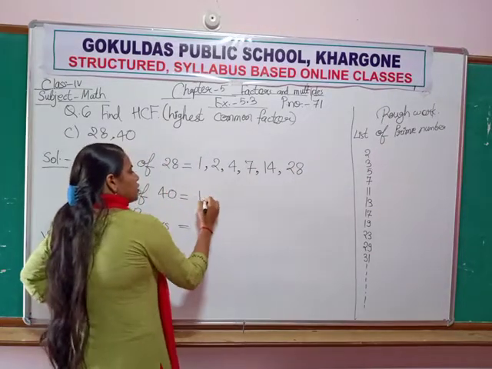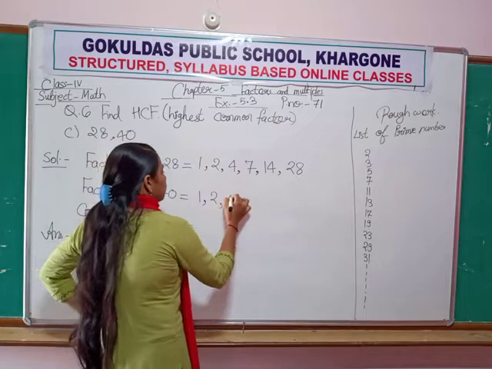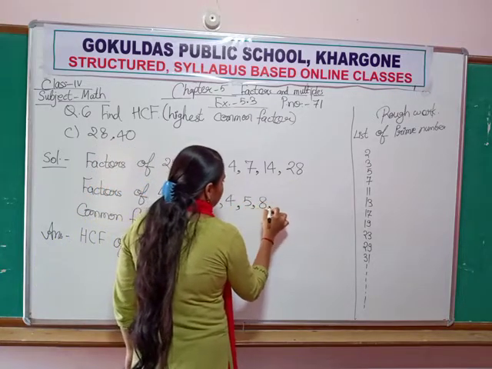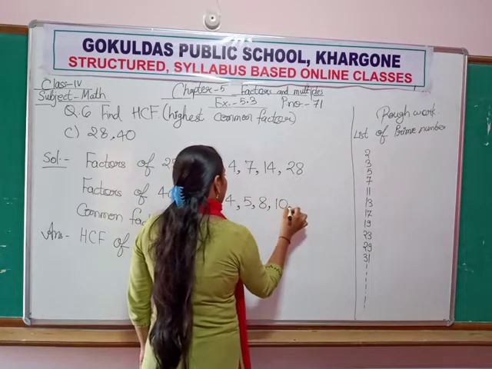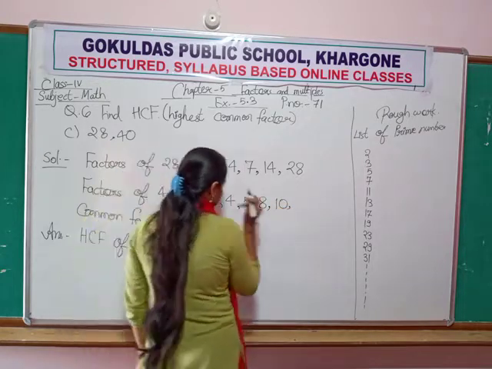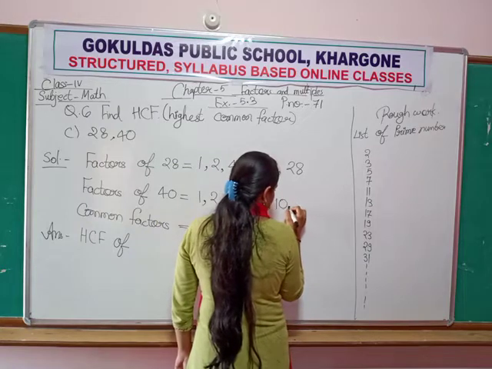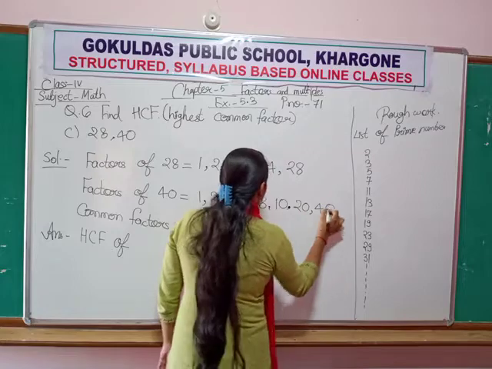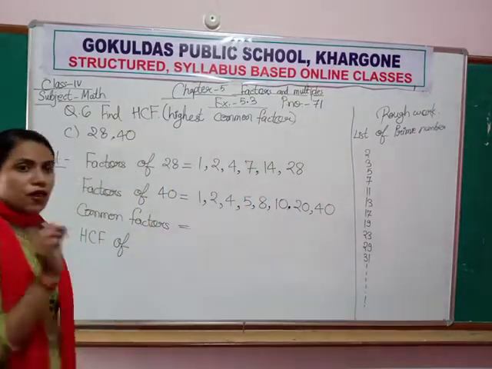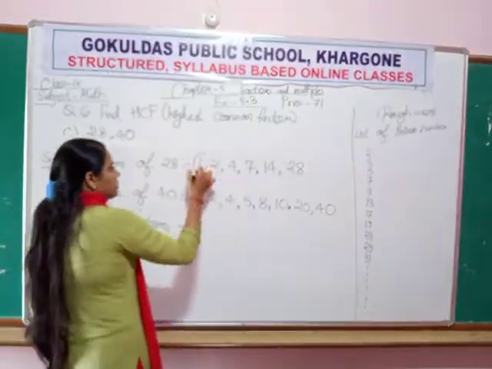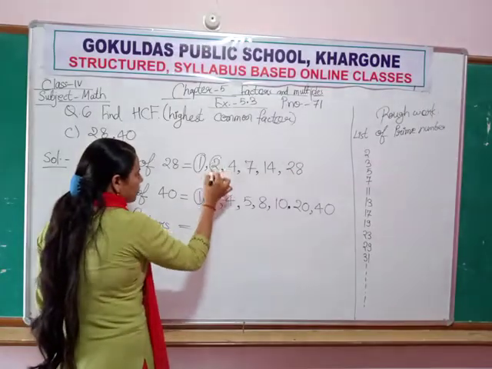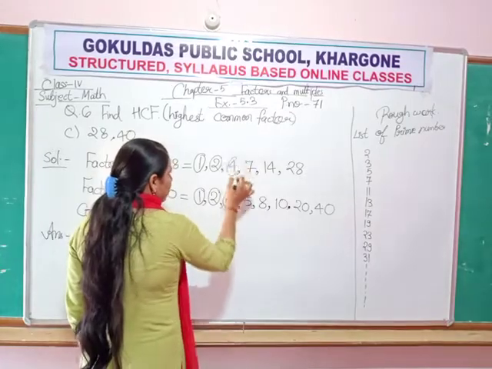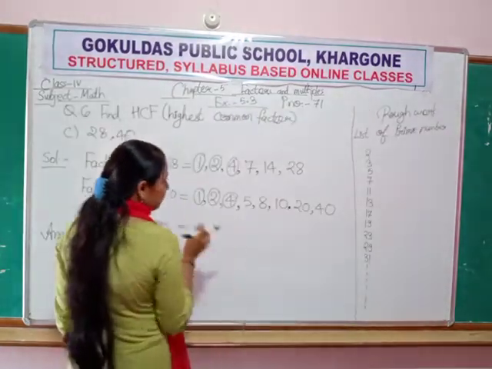Factors for number 40 are 1, 2, 4, 5, 8, 10, 20 and 40. These are the factors. Now find the common ones. Common ones means those present in both the numbers. 1, 2 and 4 are present in both.